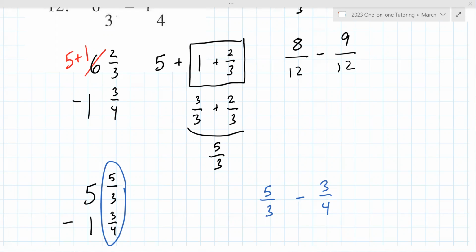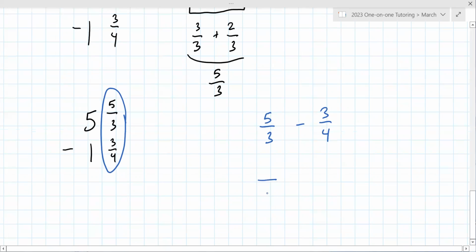It'd become 1/12. Okay, tell me how you came up with that. What's the common denominator? Common denominator is 12. Okay, and what goes on the top left here? Well, wait, never mind.